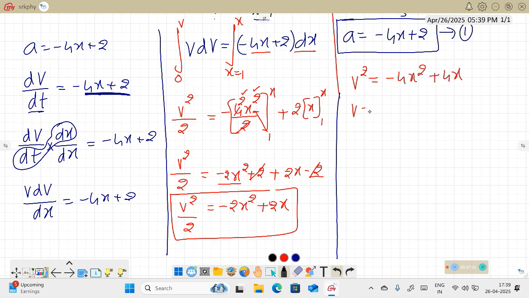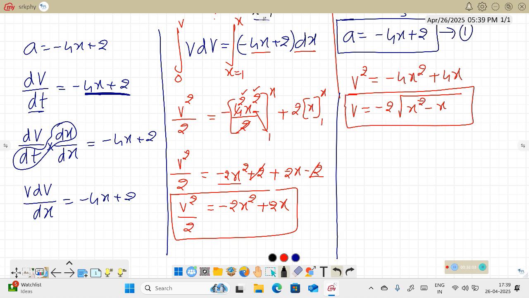So v is equal to under root of, if you take 4 in common, that becomes minus 2, and under root of the remaining, that is x square minus x. So check that one. If you take it in common, again if you multiply, you will get the same thing. That means I have taken the minus 4 common from the root. So here v is equal to this equation.